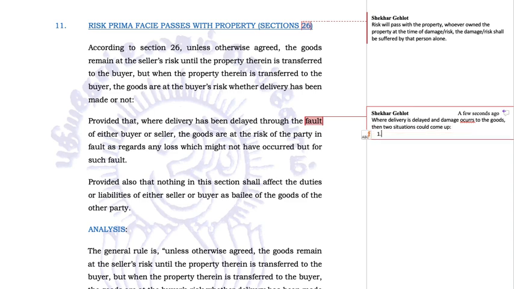Situation 1 is fault of the seller. If damage happens due to the fault of the seller, then in that case the seller is liable for that risk.